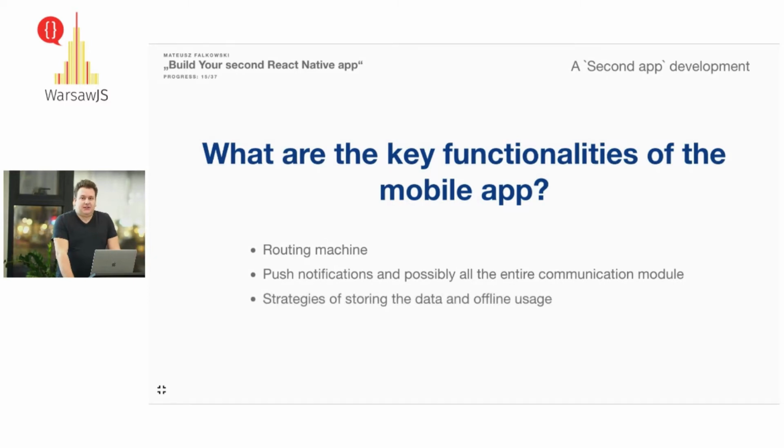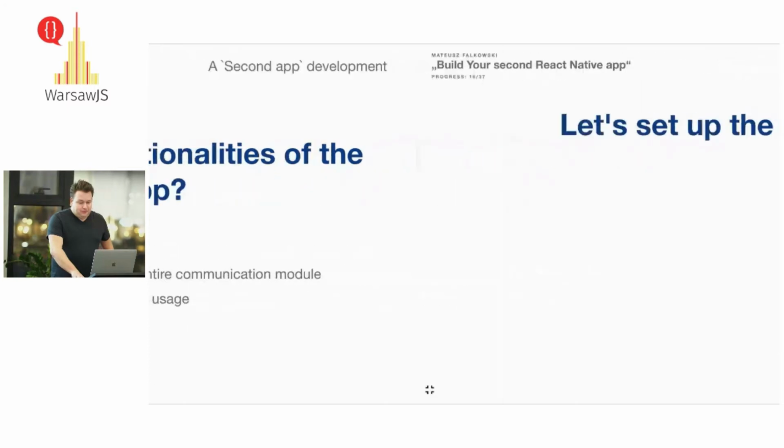It's what clients love, so sooner or later you will be asked for that. And strategies of storing the data for offline usage. Of course, everything, as I mentioned, is also possible to implement in a web application, but we're not always doing that. But in a mobile application, it's something that is crucial.